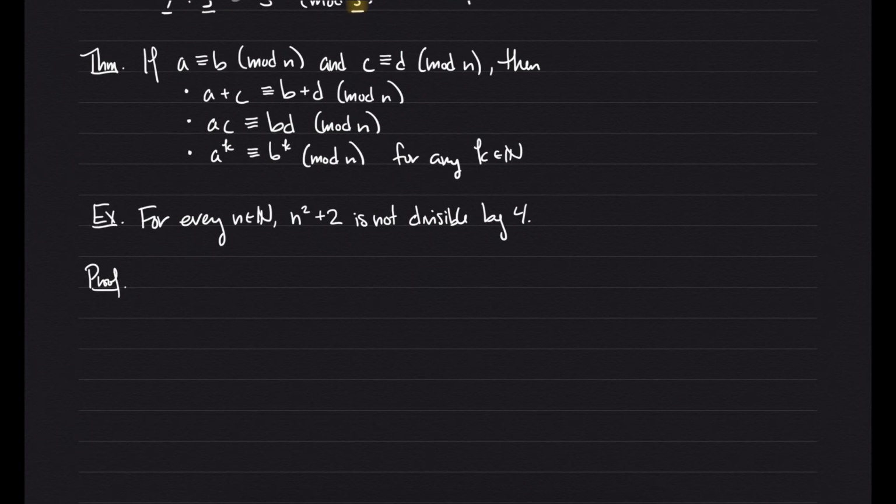Well, as the whole lecture suggests, we're going to be thinking about this as doing arithmetic mod n. So let's look at mod 4. Let's look at n first and see what's possible. For n, there are 4 cases of what n can be mod 4.